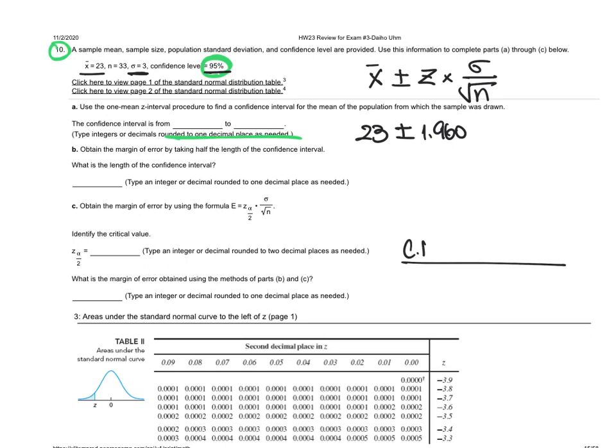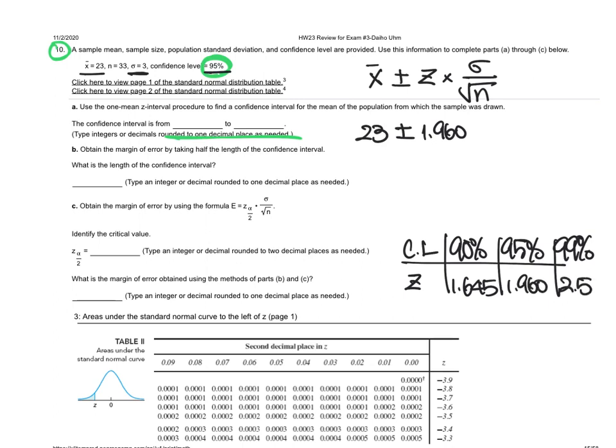Here is the confidence level: 90%, 95%, and 99% are the most common confidence levels. Then the critical values, the z-scores, are 1.645, 1.960 and 2.575. And now we have 95%, so the critical value, the z-score, should be 1.96.